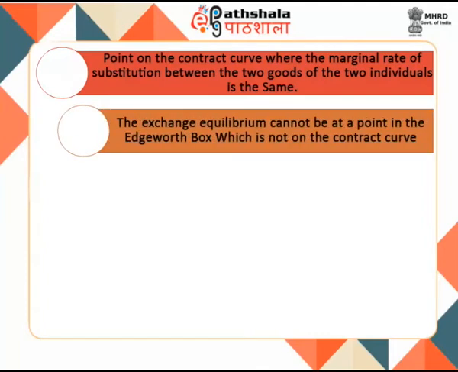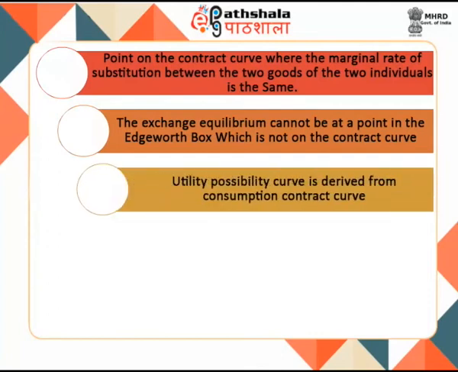The exchange equilibrium cannot be at a point in the Edgeworth box which is not on the contract curve. This is because at a point which is not on the contract curve, indifference curves of two individuals intersect each other and therefore the marginal rates of substitution MRS XY are not equal to each other.